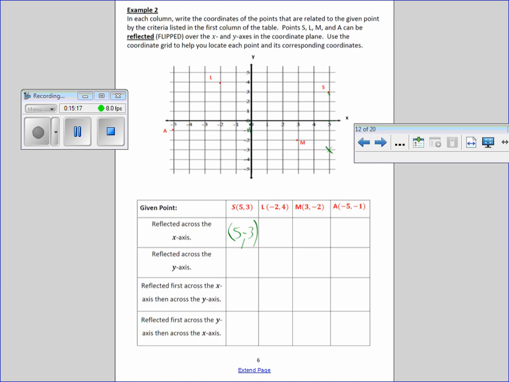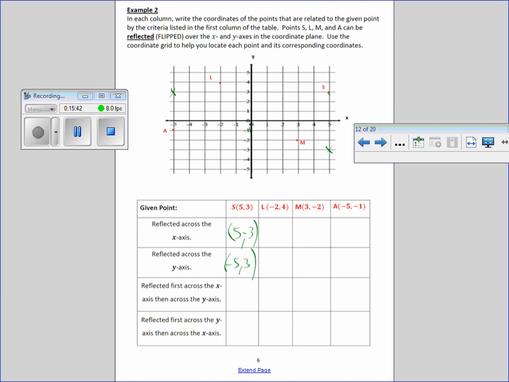I was 5 to the right of y. Now I got to go 5 to the left. My new location is here. What are the coordinates of that point? Faz. Correct. Takes a little getting used to.